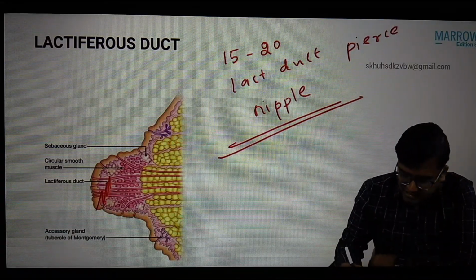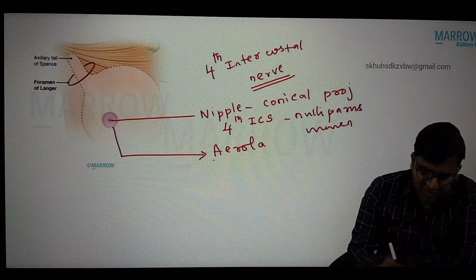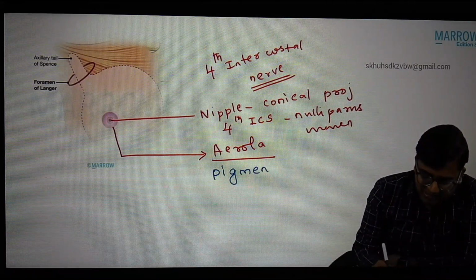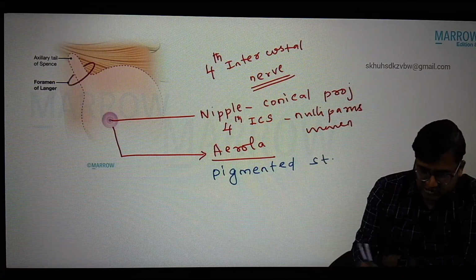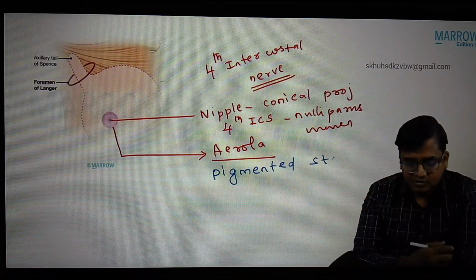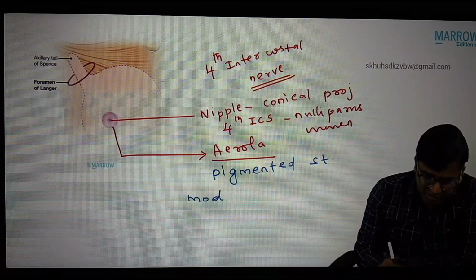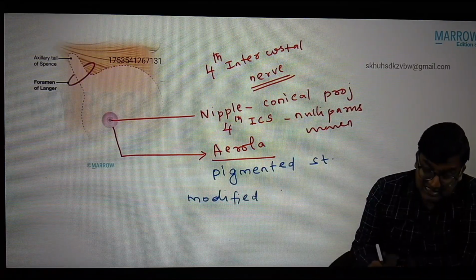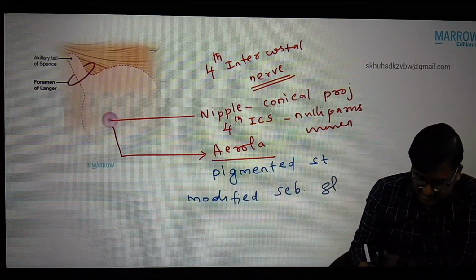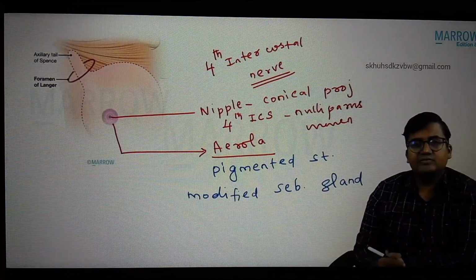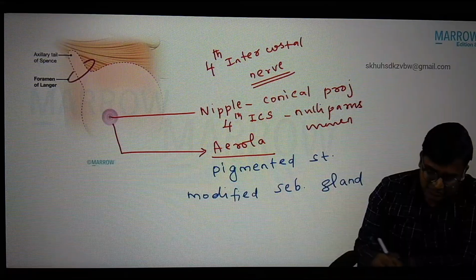Just beneath the nipple, we see the areola. The areola is the pigmented structure seen beneath the nipple. The areola contains modified sebaceous glands. What do these glands do?